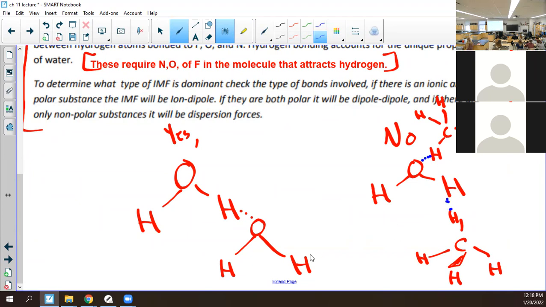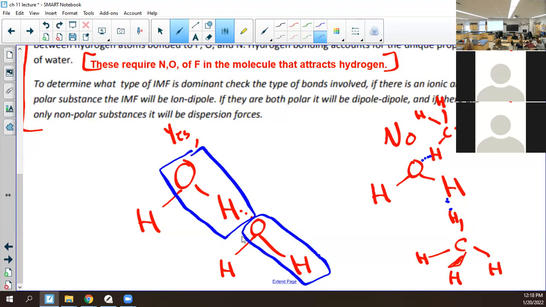It has to have an H bonded to a very electronegative atom, and that has to be attracted to an atom that has another H attracted to an electronegative atom. So since there's no real dipole created in CH4, this doesn't happen. So in order to see hydrogen bonding, you have to have H connected to an N, an O, or an F.